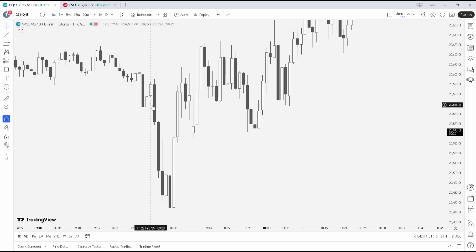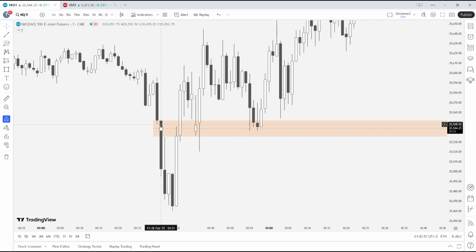So here we have the 9:30 candle, but this is not your first presented gap. Your first presented gap cannot come from the candle created at 9:30. It has to be this one right here, from the candle that was created at 9:31. So this is your first presented gap.